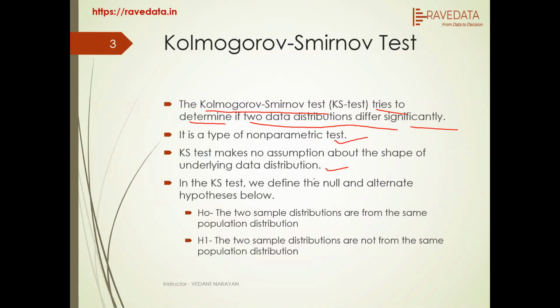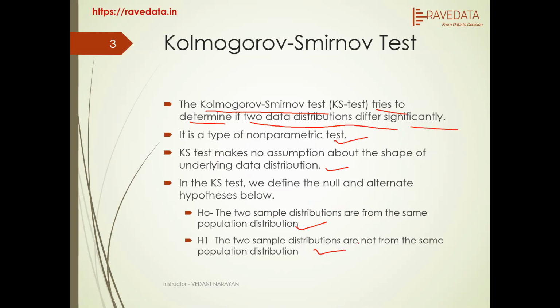In the KS test, we define the null and alternate hypothesis as given here. The null hypothesis is that the two sample distributions are from the same population distribution, while the alternate hypothesis is that the two sample distributions are not from the same population distribution. And there are two types of KS test.